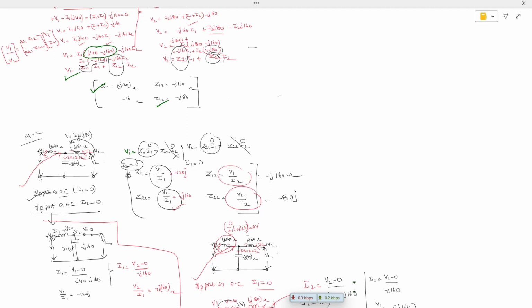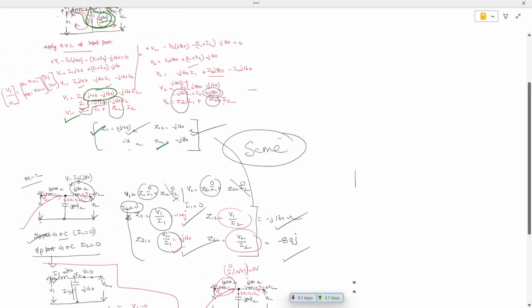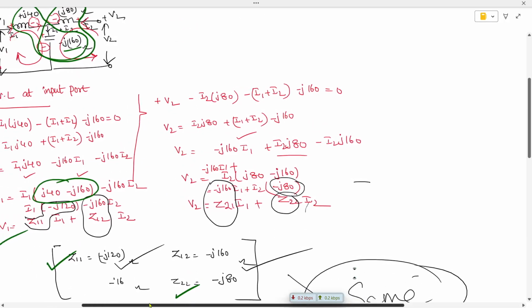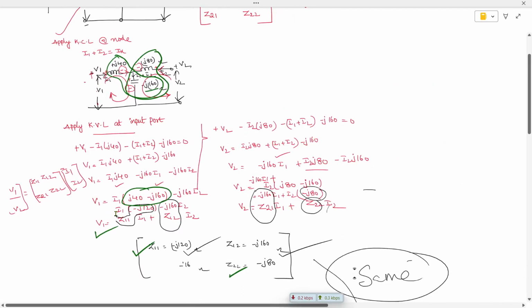By method 1, the answers are j20, minus j160, and j80. So you can see both methods give the same answer. If you feel comfortable, the first method is direct application. You can use the KVL method and directly solve it. Or if you want to solve it on your own, you can use method 1 or method 2.